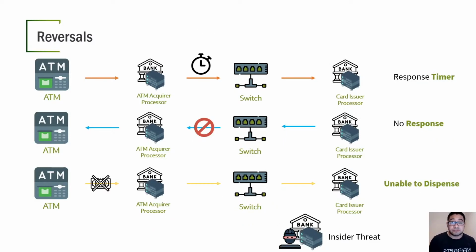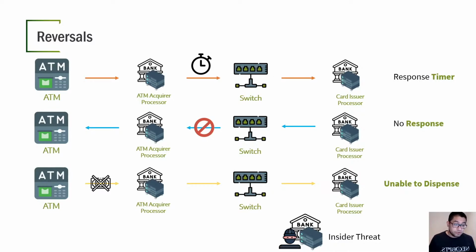So when does a reversal happen? These are normal reversals. A reversal happens when, for example, an ATM sends the packets and at some point there is no response. Every part in this flow has a timer, so if there is no response at some point of the flow, this will time out and a reversal could happen.